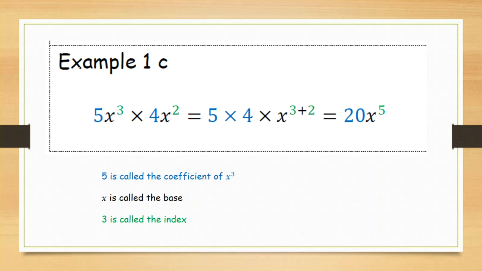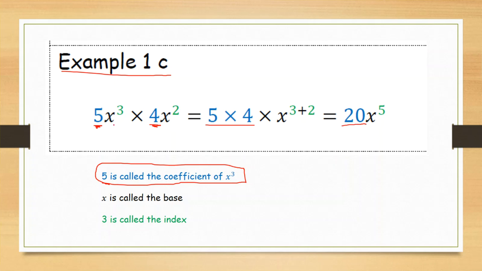In example 1c, we introduce coefficients, so the blue numbers. So the blue part is called the coefficient of x cubed. In this example, the coefficient of x squared is 4. So I like to do the blue parts first. So 5 times 4 is 20.